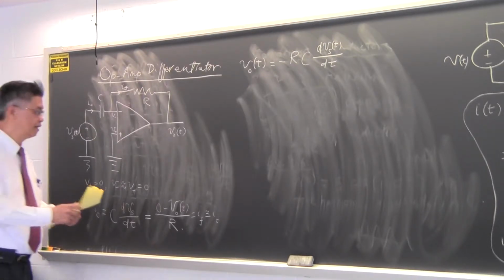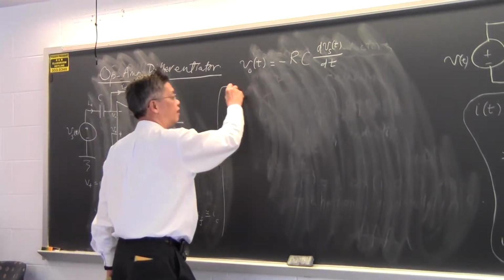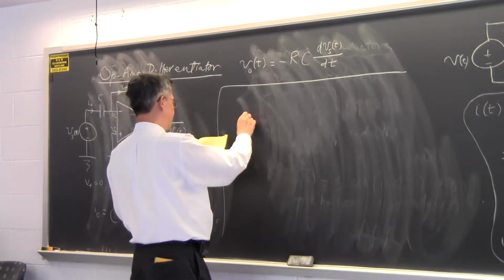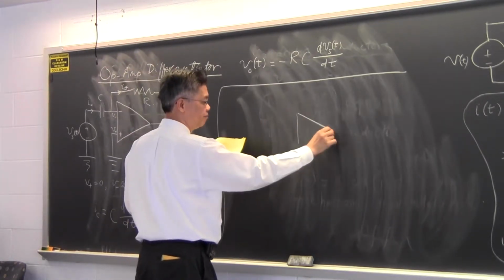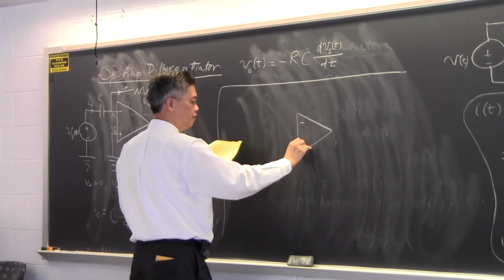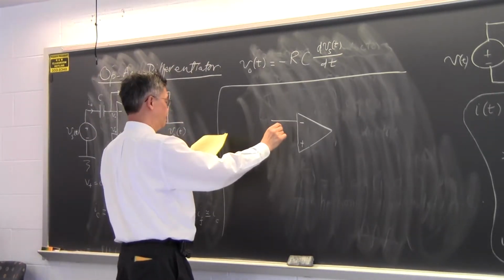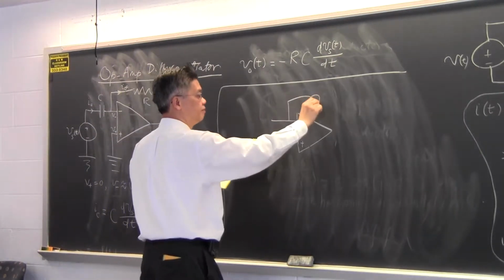We can also make differentiator circuits out of an inductor. Let's see how we can do that. In that case, you have an op-amp just like what you had before. And then you hook an inductor in this manner.